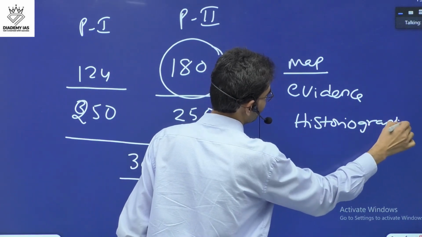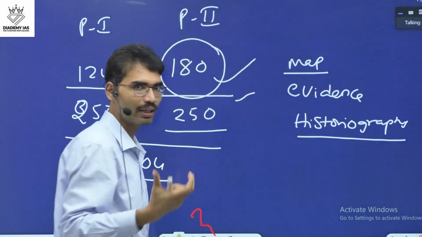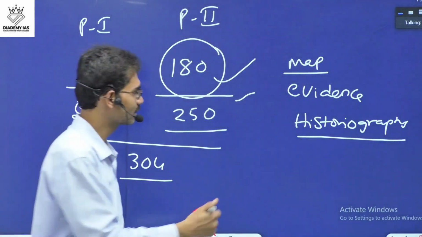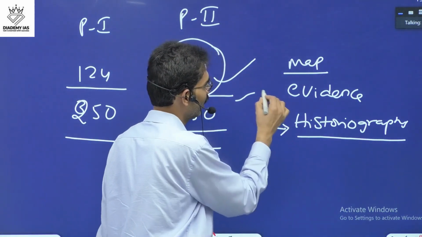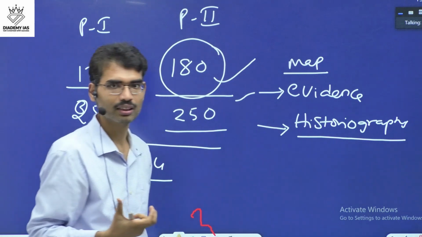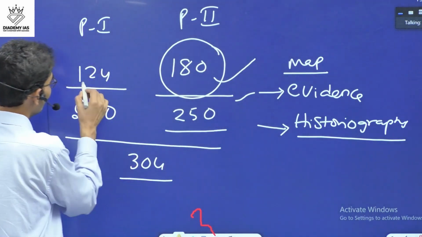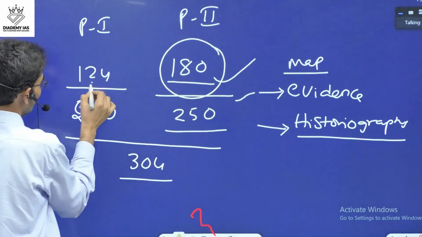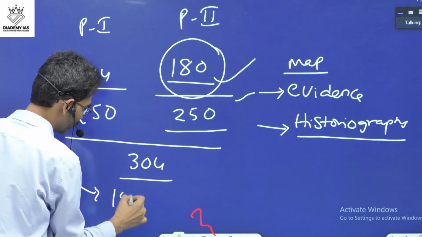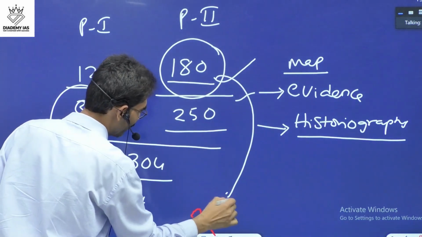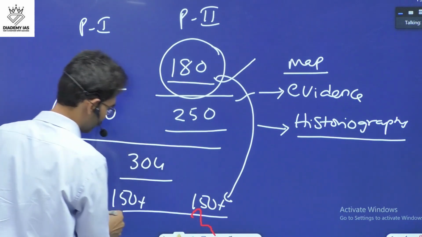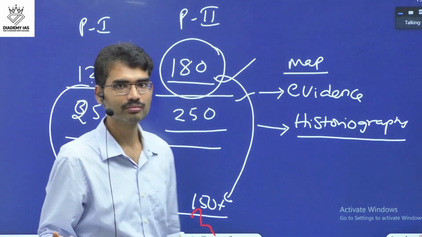If we mention the names of historians who have given a particular idea, and if we give the evidence, then you can improve from 124 to 150 plus. You get 150 plus, 300 plus easy.